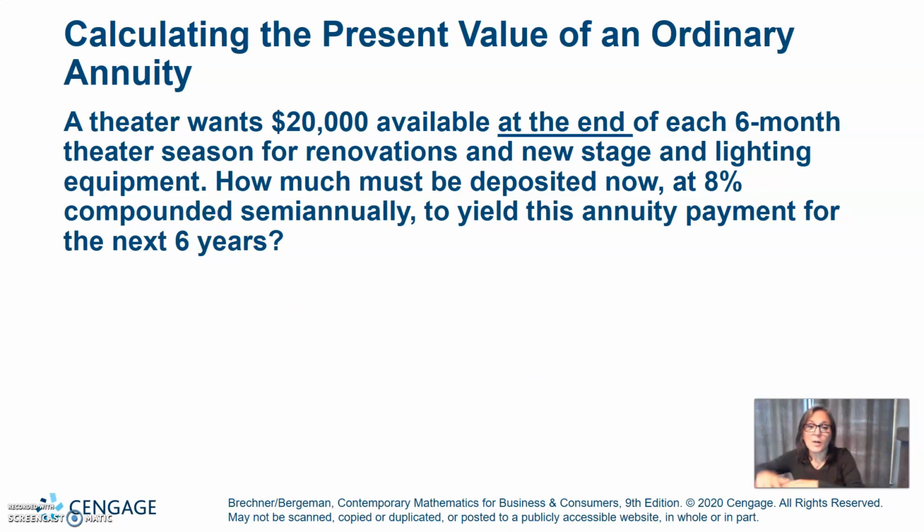A theater wants $20,000 available at the end of each 6-month theater season for renovations and new stage and lighting equipment. How much must be deposited now at 8% compounded semi-annually to yield this annuity payment for the next 6 years?